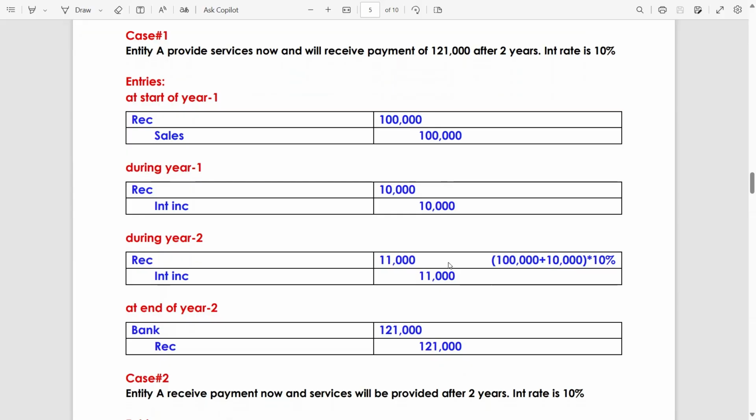Then on that 110,000 multiplied by 10% gives 11,000 interest income. At the end of year 2, you will receive your amount, which is 121,000. So you debit bank and credit receivable by 121,000.